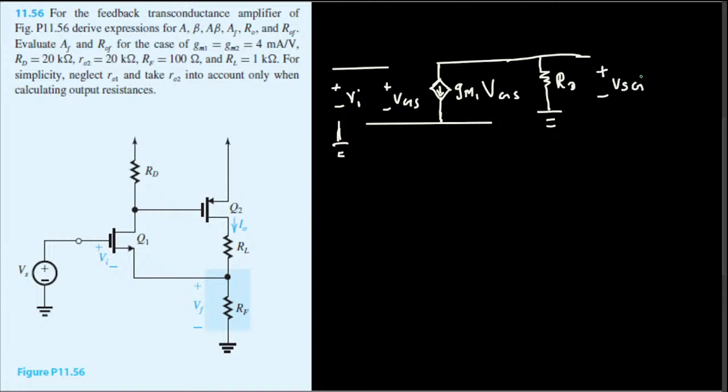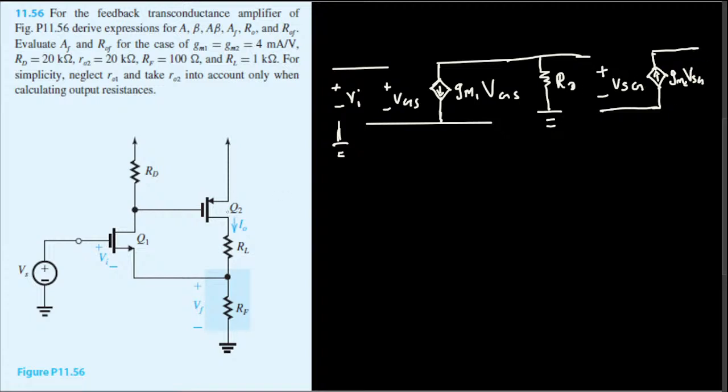The current flow for the PMOS goes in the opposite direction of the NMOS, so it goes upward. The transconductance we call GM2, and the voltage there is VSG, so GM2 VSG right here.